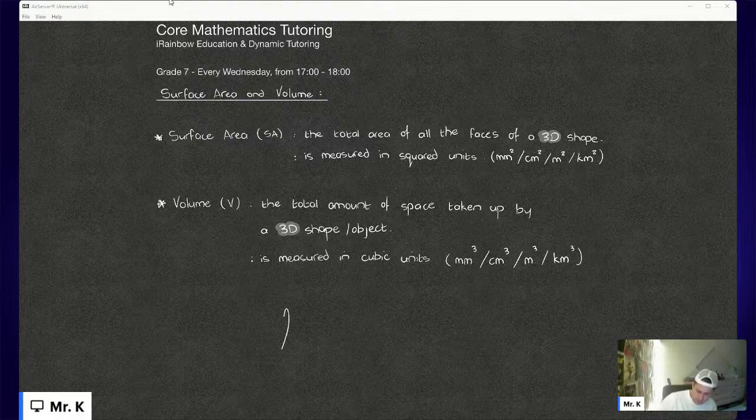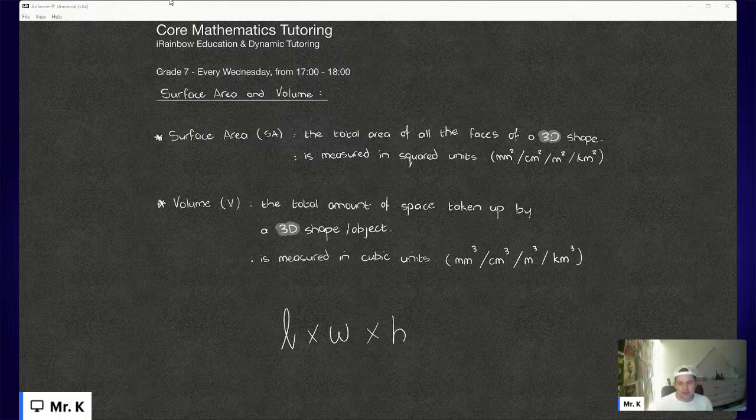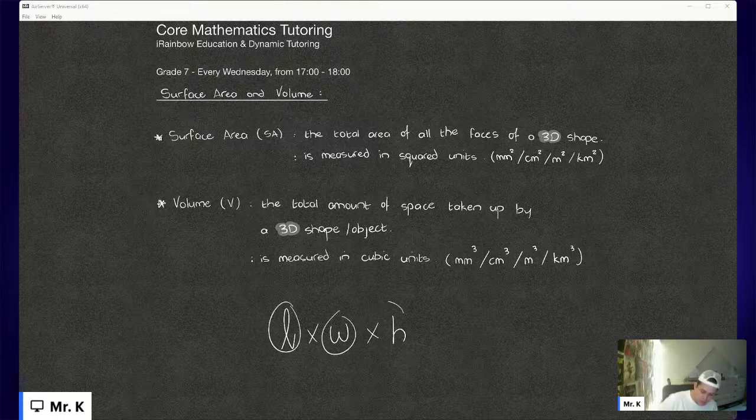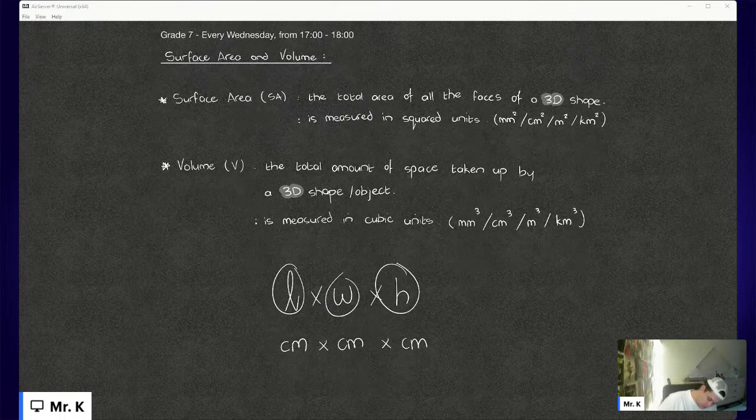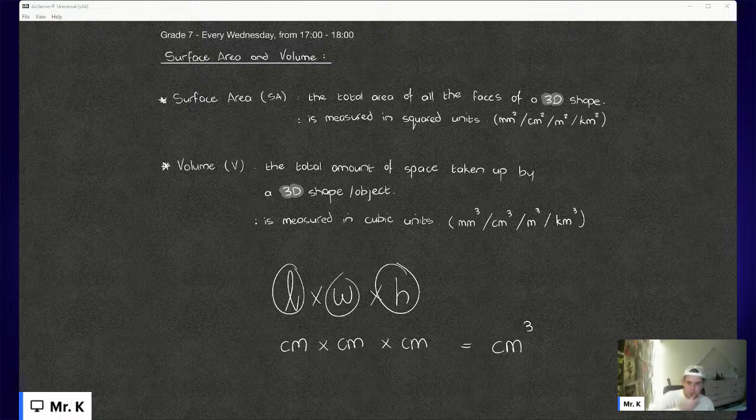Because we are talking about the length times the width times the height in most cases of certain shapes. In other words, we are working with 3 different dimensions. And when you multiply 3 dimensions together, for example, centimeters times centimeters times centimeters, we get cubic centimeters. So that's just where that comes from.